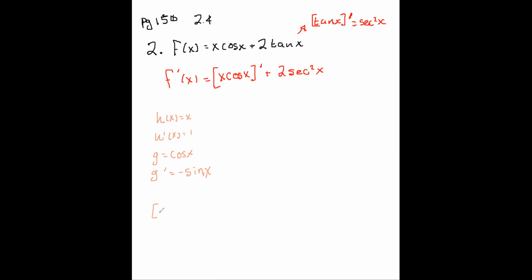So the derivative of x cos x will be equal to x times negative sine x plus 1 times cos x, or cos x minus x sine x.